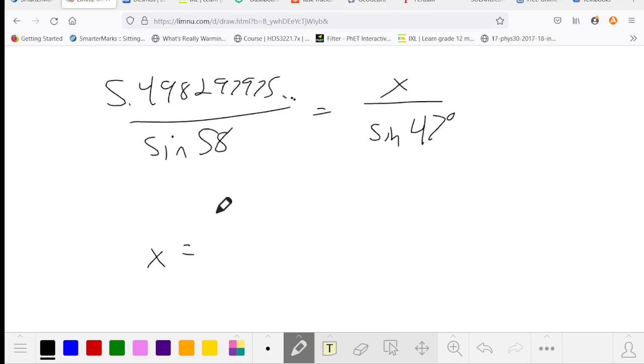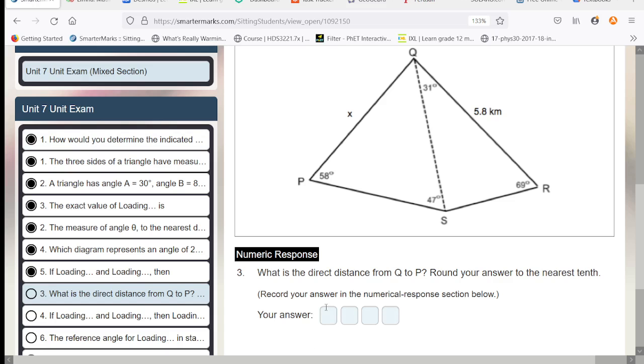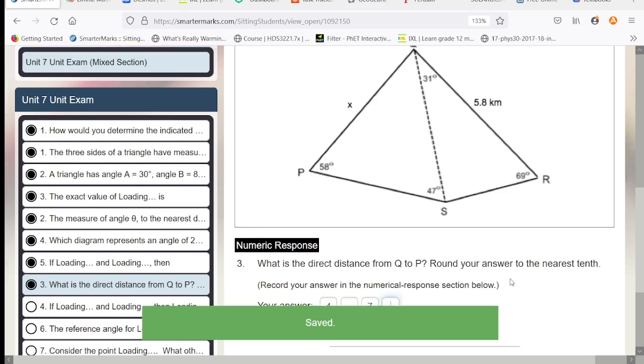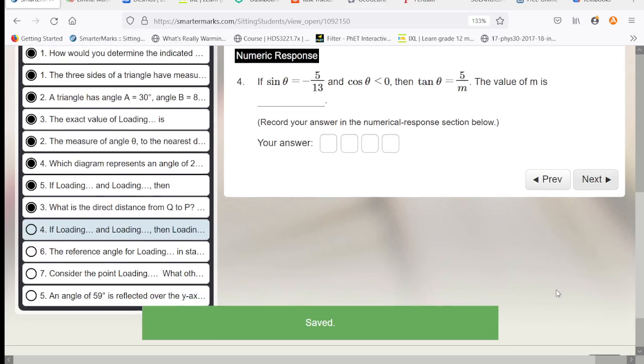So we take our last answer and multiply by the sine of 47 divided by the sine of 58, and then we get 4.7417, or to the nearest tenth, 4.7.